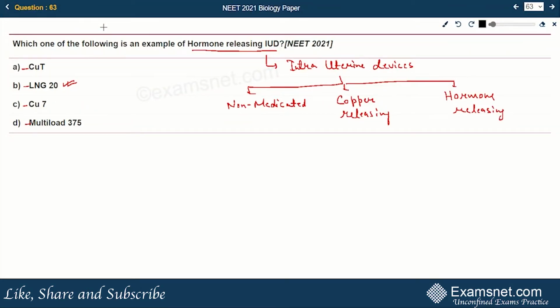The example of non-medicated IUDs is Lippes loop. Examples of copper releasing IUDs are copper T, copper 7 and multi-load 375. And the examples of hormone releasing IUDs are LNG20 and progestasert.